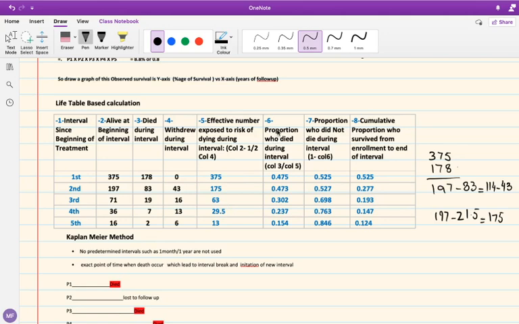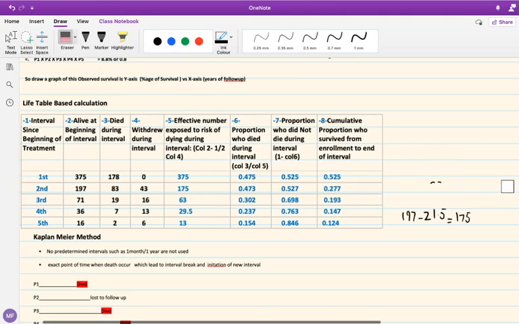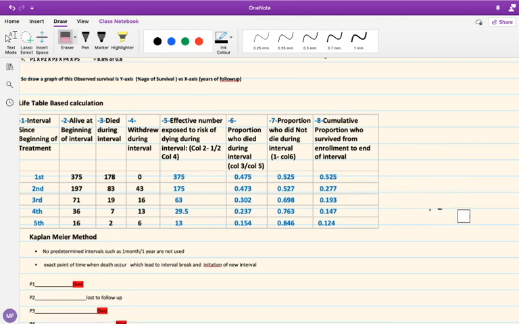Next thing is to calculate the proportion who died during this interval. The calculation is given over here in a very simplistic form, as column 3, the number of individuals who died, divided by the effective number at risk. For example, I am intentionally sticking to column 2 so that it is more understandable.